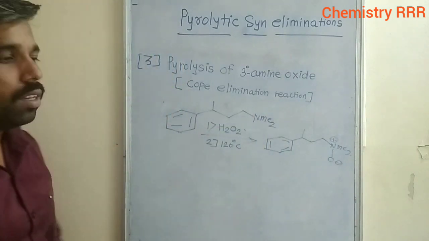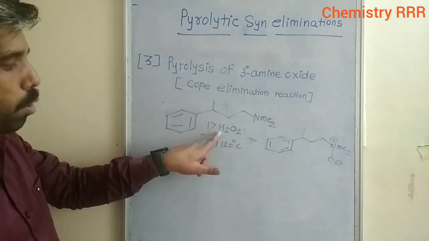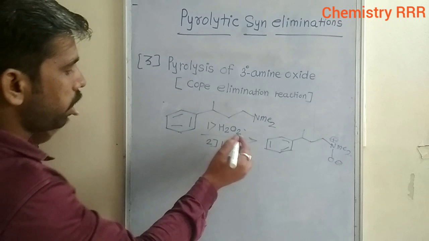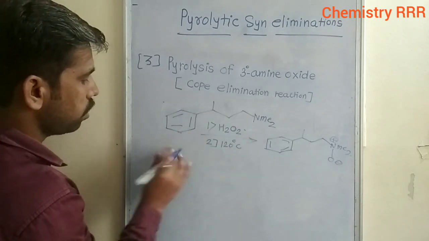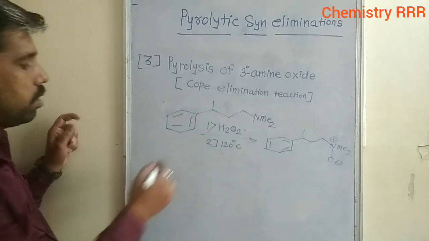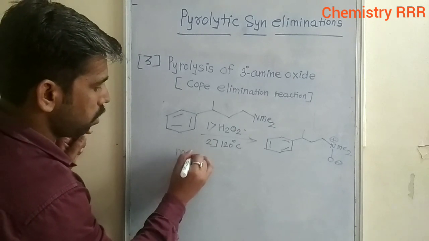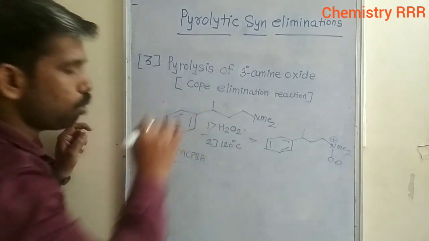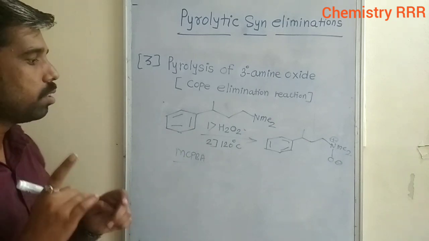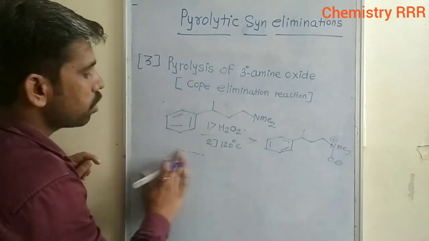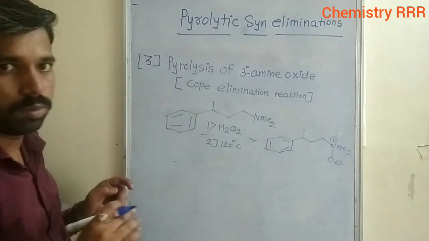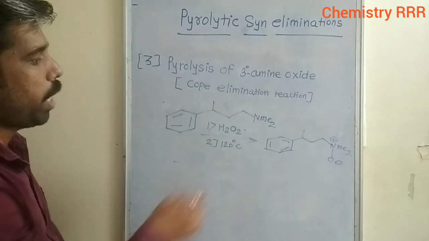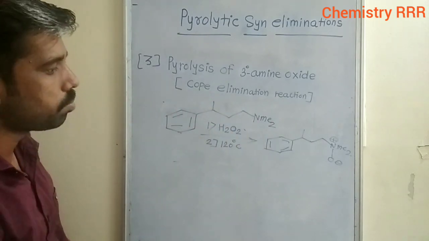There is formation of the N oxide by using hydrogen peroxide, or an alternative reagent for hydrogen peroxide is metachloroperbenzoic acid, that is MCPBA. Metachloroperbenzoic acid is also used for the oxidation of the nitrogen present in the tertiary amine.